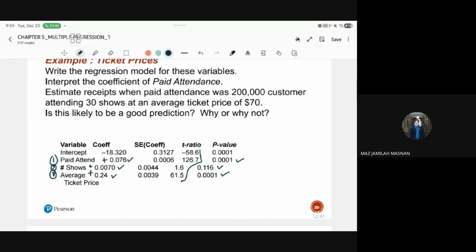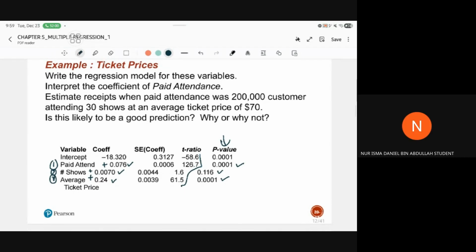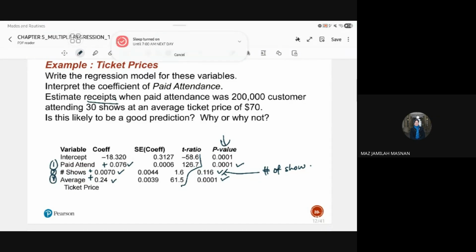Class, based on this p-value, which IV is not significant to the model? Look at the p-value, class. 0.116. Yes, it means that number of shows seems not significant to the receipts in millions.